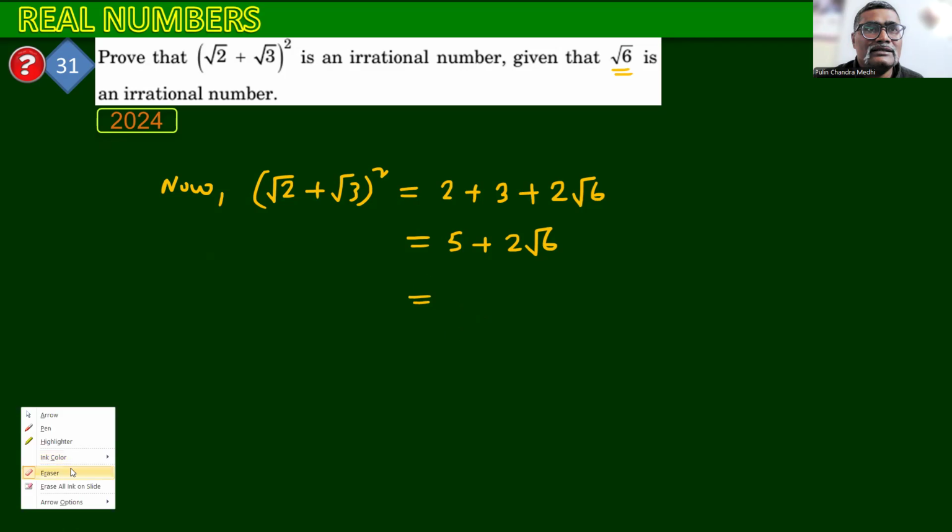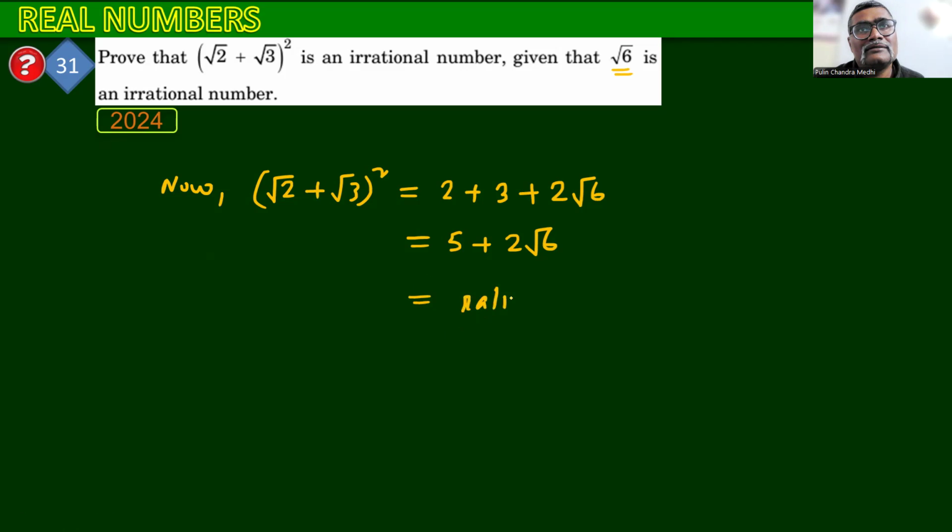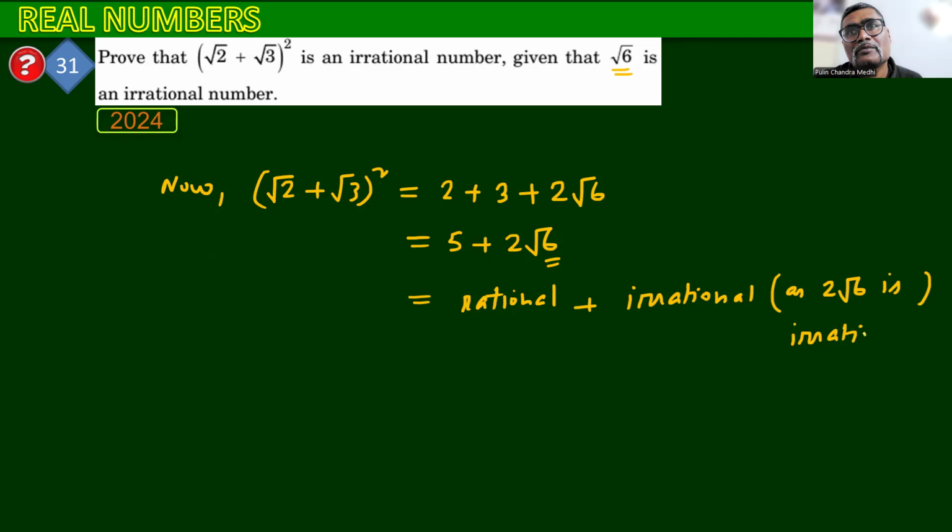So you write simply rational plus irrational. Why irrational? Because root 6 is irrational, already it is given. You give a statement here that 2 root 6 is irrational, right?